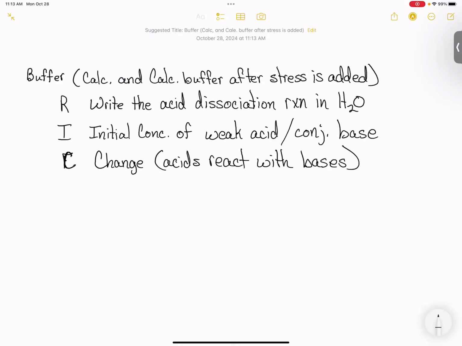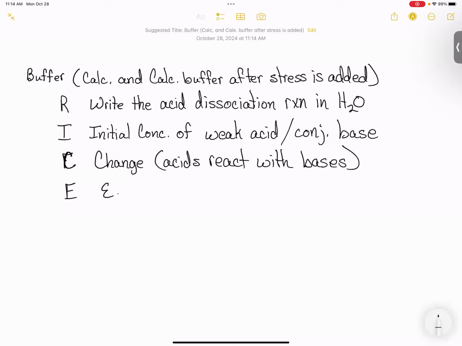So if you're given an acid, it means you're going to lose that quantity of base in the buffer. If you're adding a base, it means you're going to lose that quantity of acid in the buffer. And then E does not stand for equilibrium in this case.